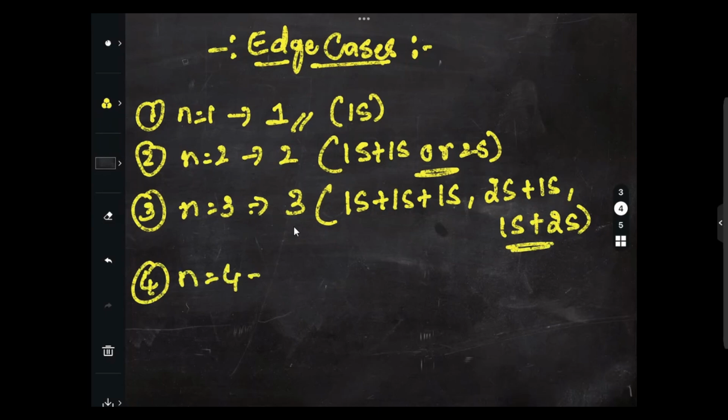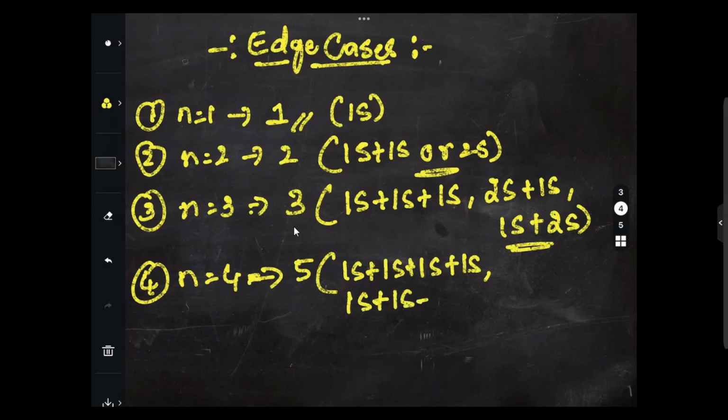Next, the fourth edge case, when n equals 4. In this case, there are 5 different ways. One step plus one step plus one step plus one step. This is fine. One step plus one step plus 2 steps. This is also fine.